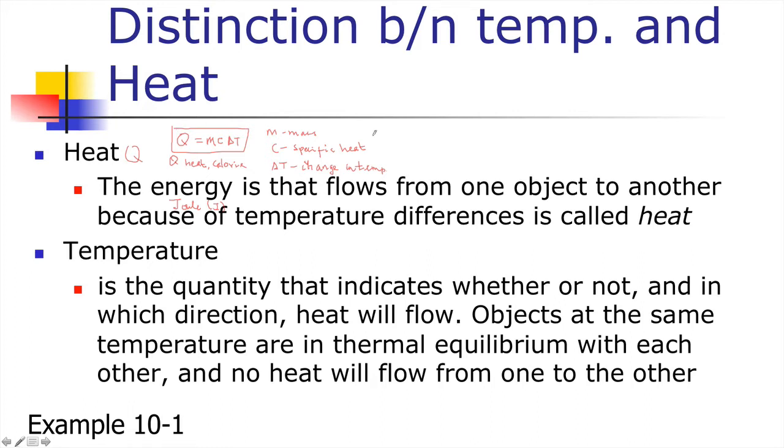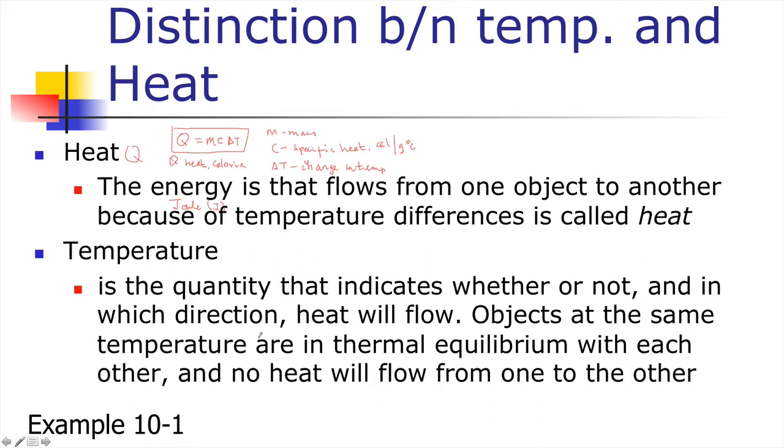Okay, and this specific heat, mostly it is measured in calorie per gram per degree centigrade. This is the amount of heat energy that you need to raise a gram of a certain object by 1 degree centigrade.